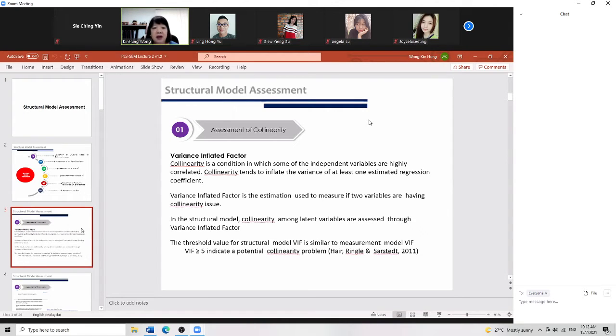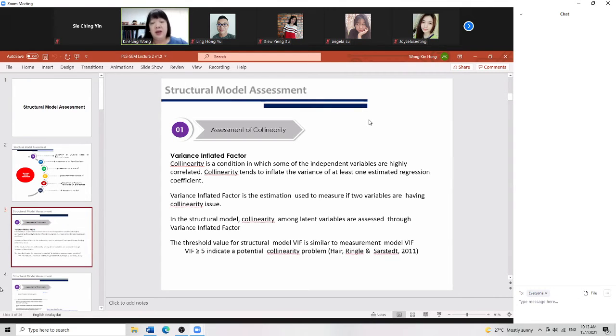Okay, so assessment of this collinearity. All right, collinearity is a condition where some of the independent variables are highly correlated. As I mentioned just now, whether the items in your variables are correlated, and then all your independent variables, each of these one by one. All right, your factors, are they correlated or not?